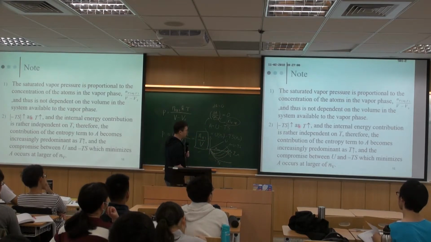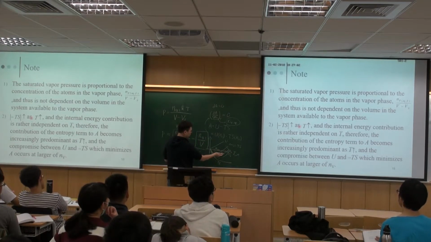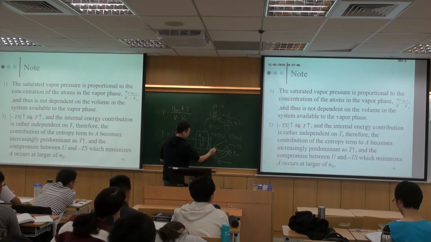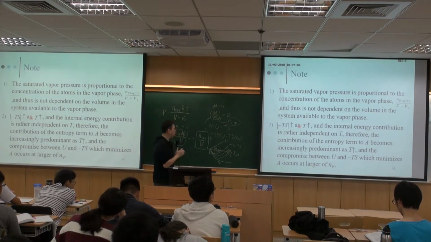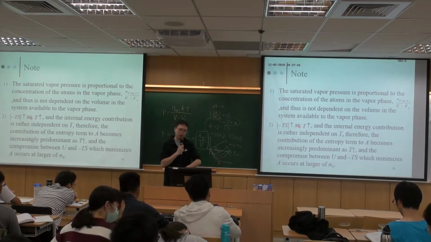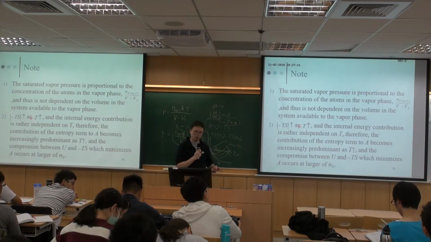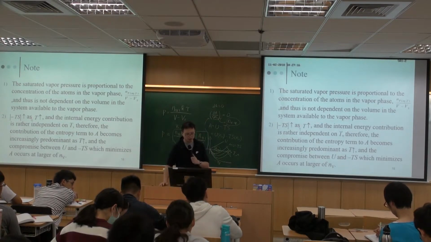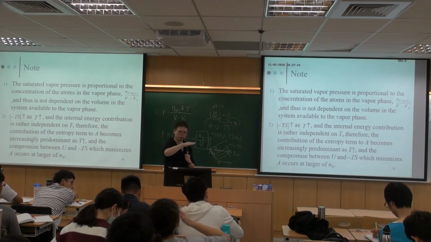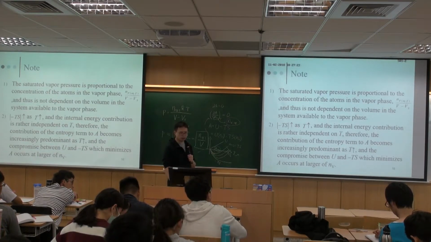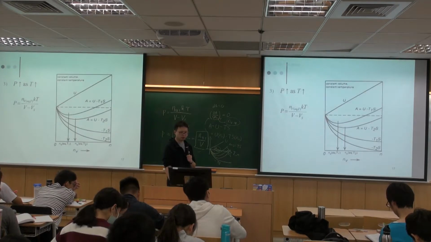If the temperature is going up, this curve will go down, and then the equilibrium number of particles in the vapor phase will increase. And so that's the reason why, when I just showed you in Mathematica, there's an exponential growth of the number of particles in the vapor phase when you increase the temperature.